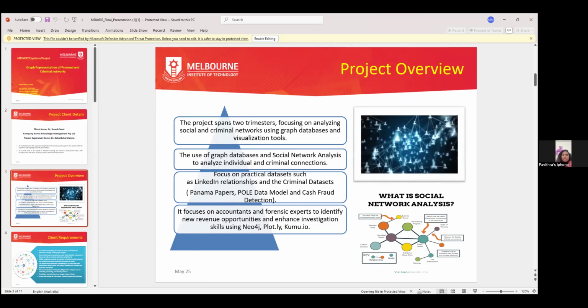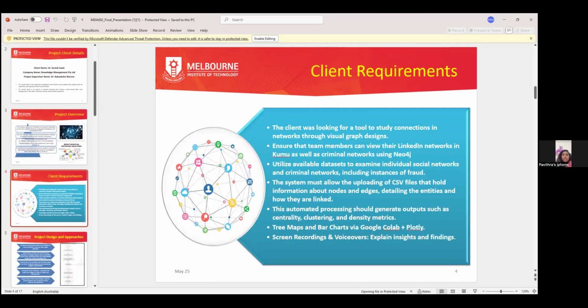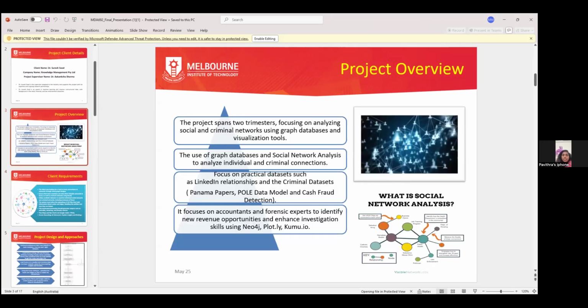It uses graph databases and social network analysis to analyze individual and criminal connections, focusing on practical data sets such as LinkedIn relationships and the criminal data sets, which are Panama Papers, POLE data model, and cash fraud detection. It focuses on accountants and forensic experts to identify new revenue opportunities and enhance investigation skills using Neo4j and Kumu.